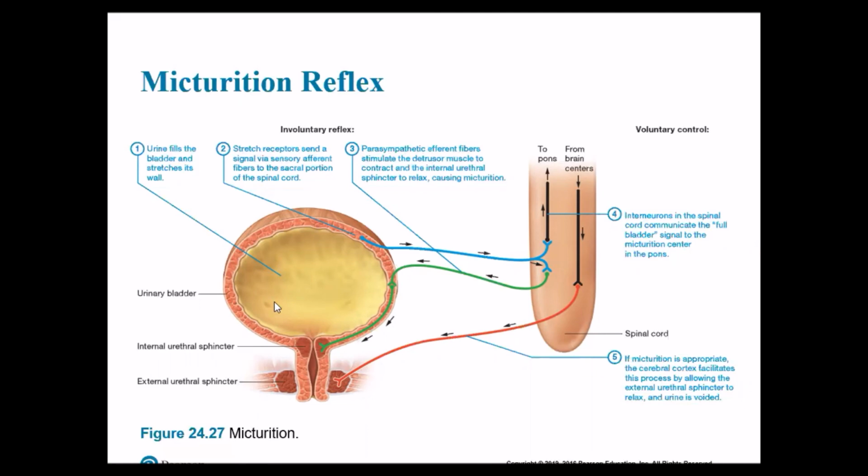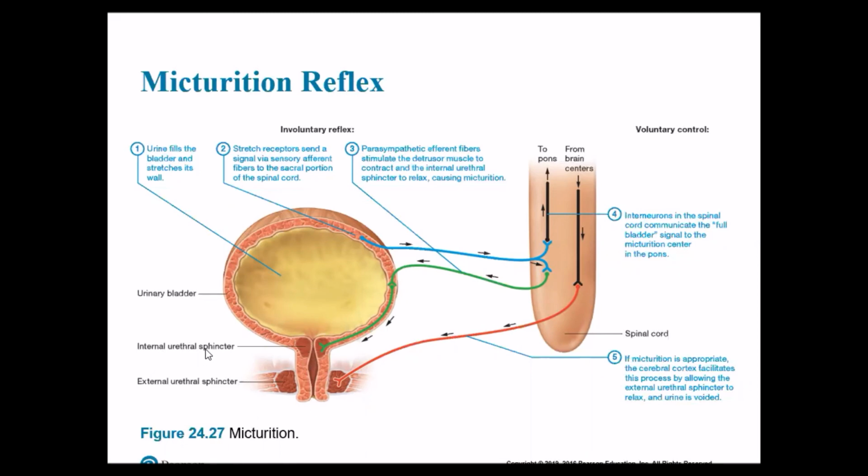And so once it starts to stretch, receptors send the signal through the nervous system, afferent neurons, and it goes over to the spinal cord. So it's sending a signal to the spinal cord, and you have a reflex type action. That reflex is sending a signal back to the bladder to help you start releasing and opening up or relaxing the sphincter muscle. So here's the start of the urethra.